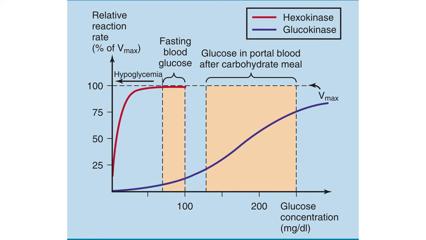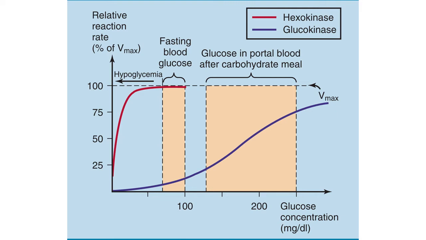The blood that is in the portal vein, rich in glucose, bathes the liver. The liver will then be actively trapping the glucose because it is only at the time of rich glucose in the portal blood that glucokinase is active.